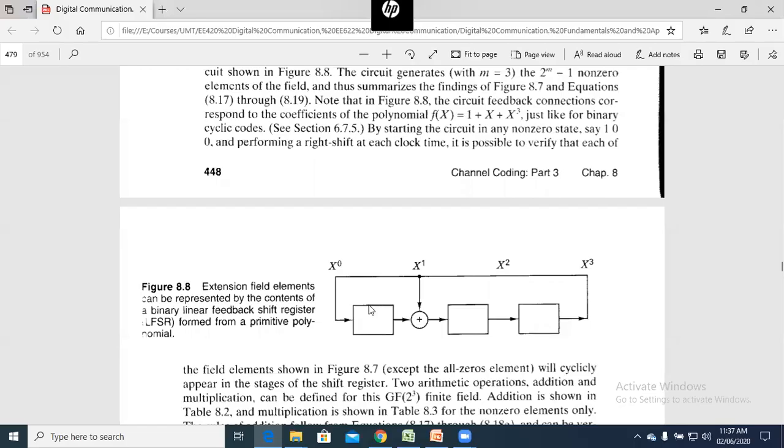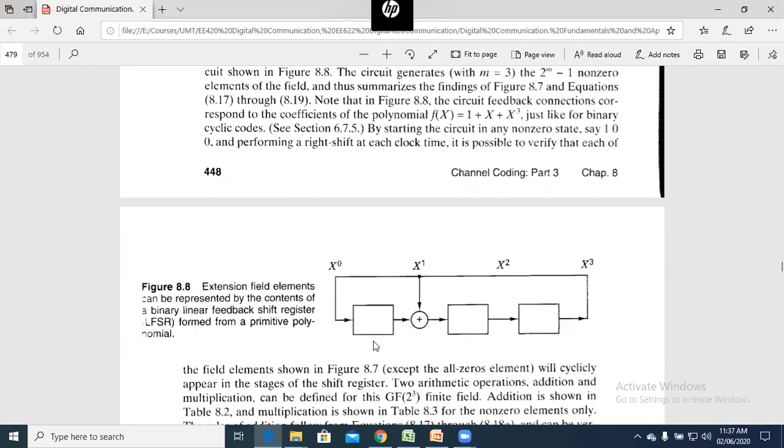So we consider this linear feedback shift register to generate the symbols of the Galois field. This is a primitive polynomial which is used to generate the Galois field symbols.